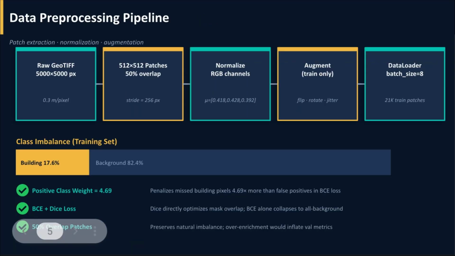Talking about the pre-processing pipeline, the raw satellite photos were each 5,000 by 5,000 pixels, which is too large to fit directly into our model. So we cut each photo into 512 by 512 pixel tiles. This also saved us about 50% of the memory.